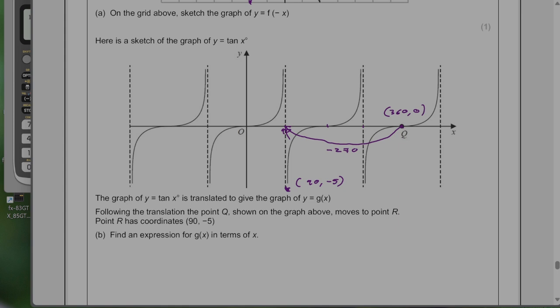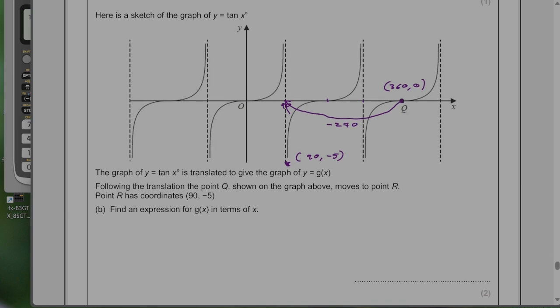Right, so the minus 5 is going to be, I'm going to do it a bit like I did the last one. So y is equal to f of x, and I'm starting at 360, 0, and I'm going to do it in two stages again.